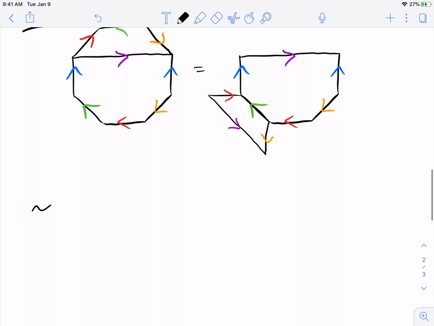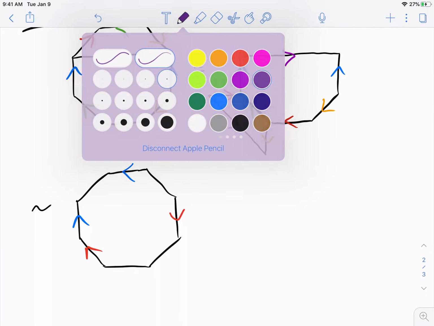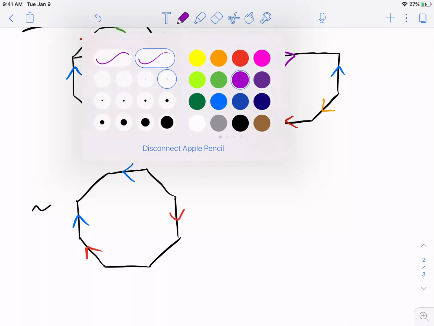And now I'm just going to make it an octagon again. So I'm just stretching it out here. So I'm keeping the arrow order and directions the same. Just turning it back into a regular octagon.